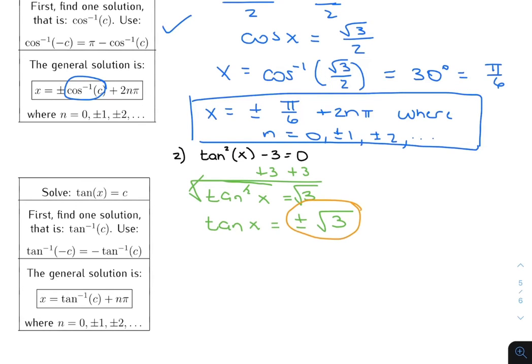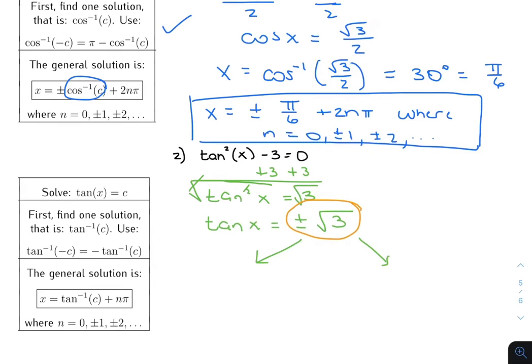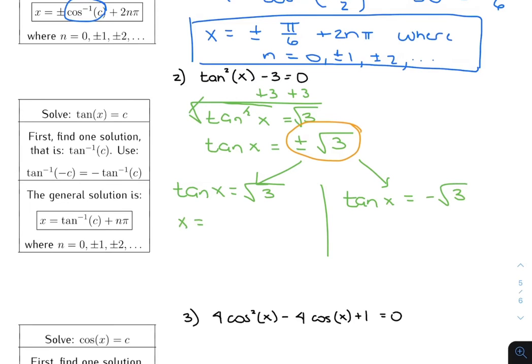So this here gives us 2 cases now. So we're going to have that tangent of x is equal to the square root of positive 3, and that tangent of x is equal to negative square root of 3. From here, now our x is going to be tangent inverse of the square root of 3. Also, one more thing.